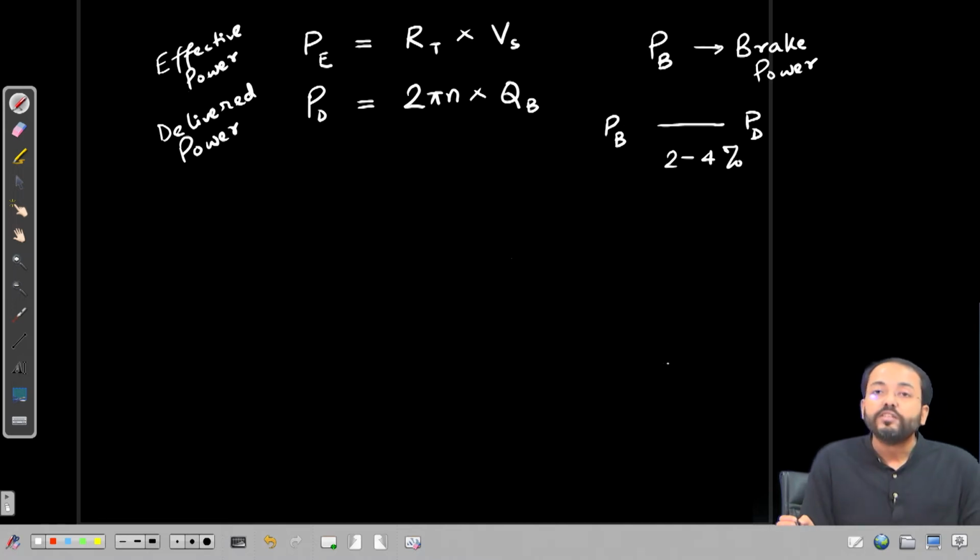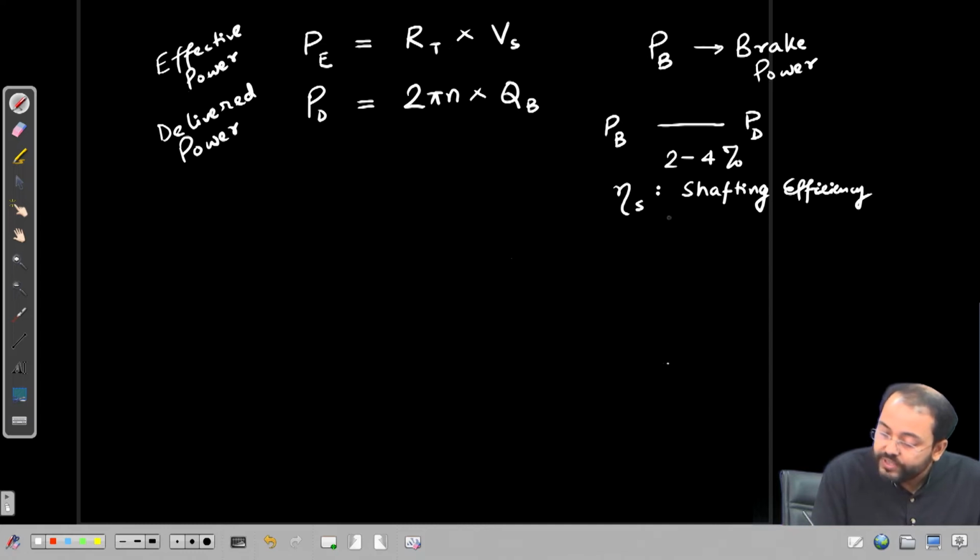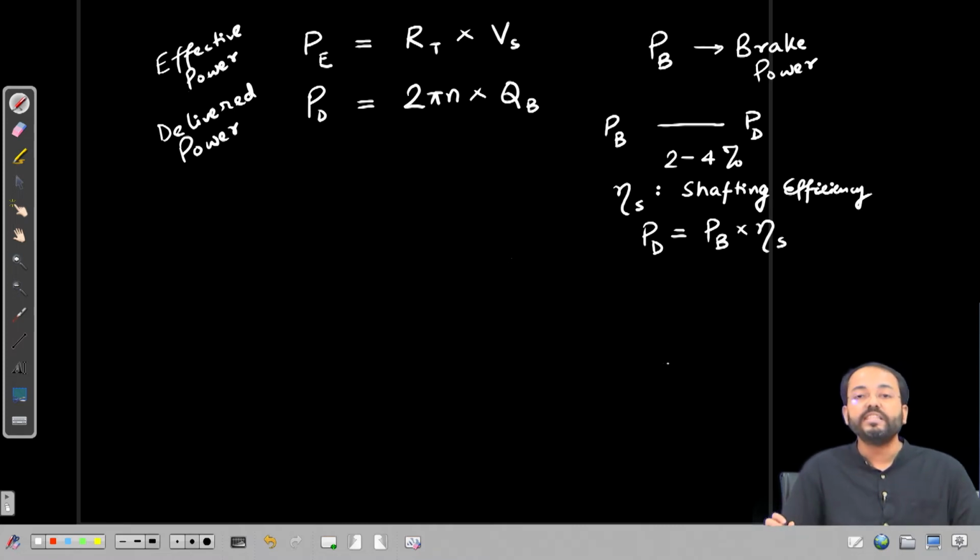So we have an efficiency term called shafting efficiency, which relates the delivered power to the brake power. So, PD will be PB multiplied by the shafting efficiency.